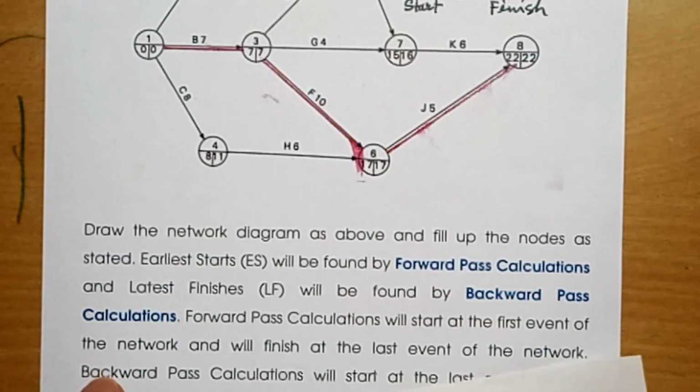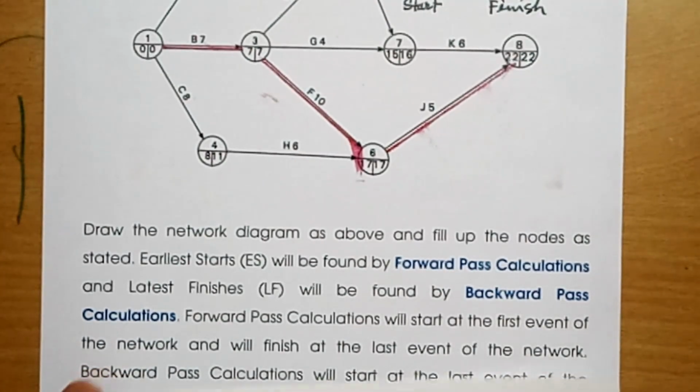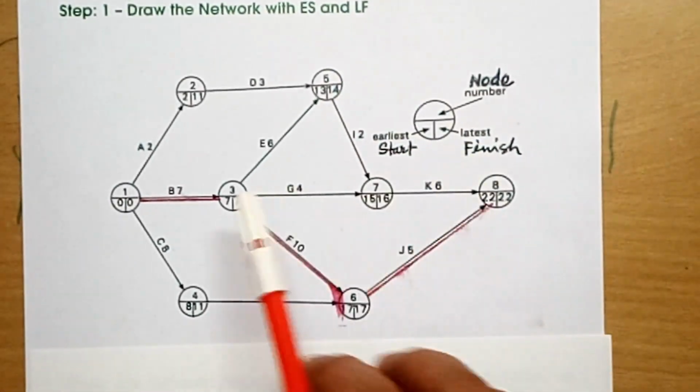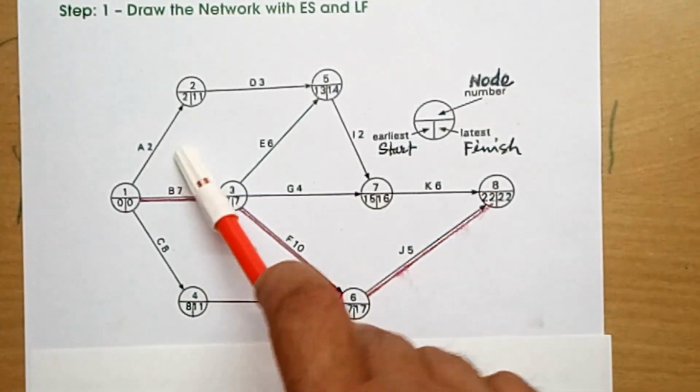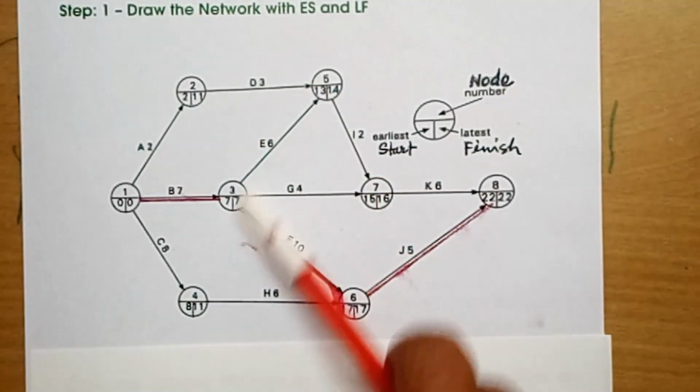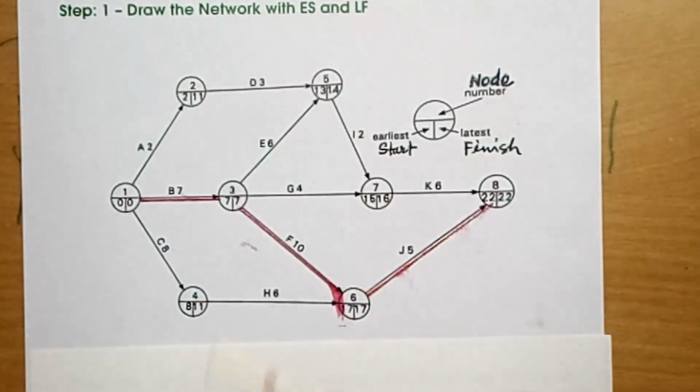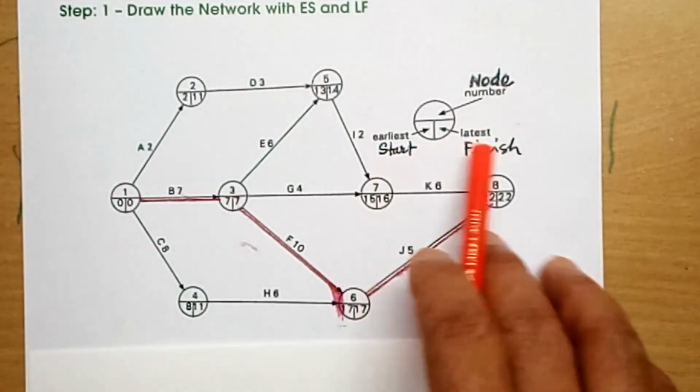So to understand that, obviously you have to draw the network diagram first with all the nodes and node numbers, activity numbers and activity durations. At this stage you have to find the earliest start and earliest finish.